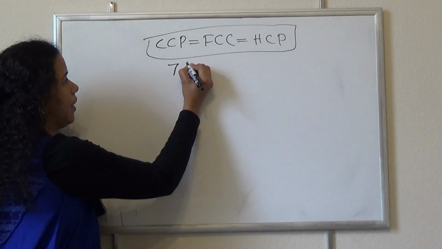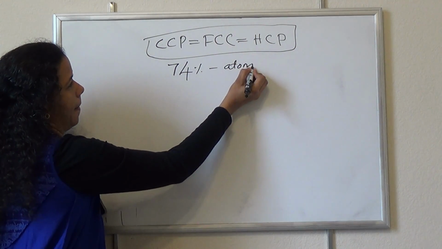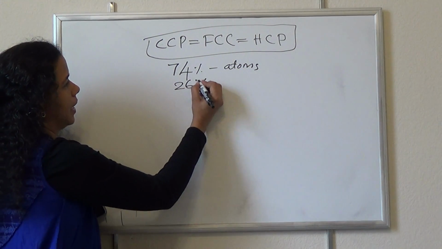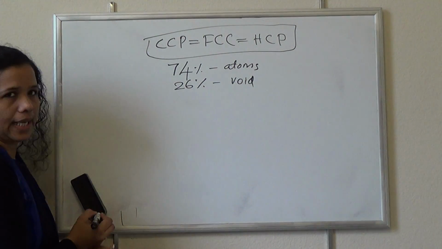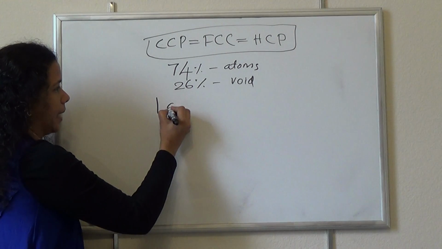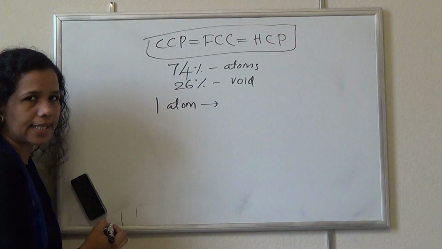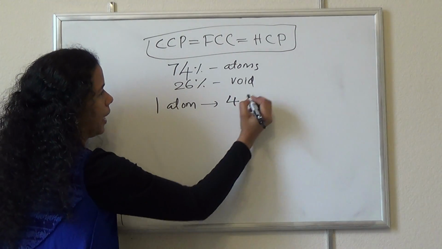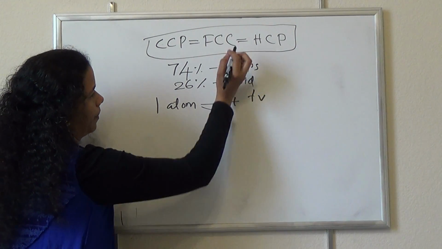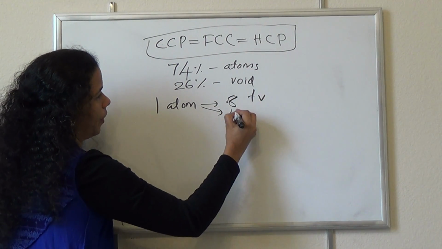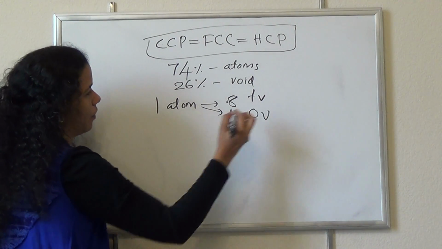Here, 74% is atoms and 26% is voids. Or we can say that per atom, the smallest void is the tetrahedral void.